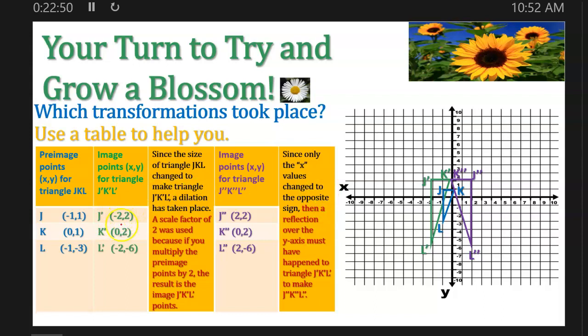So if you look at the green triangle points, all of these x values change to the opposite sign, with the exception of the 0, because the 0 doesn't have a sign. But that does fit the reflection rule. And notice the J prime and the K prime is now K double prime, J double prime. So it did change its orientation there as well.